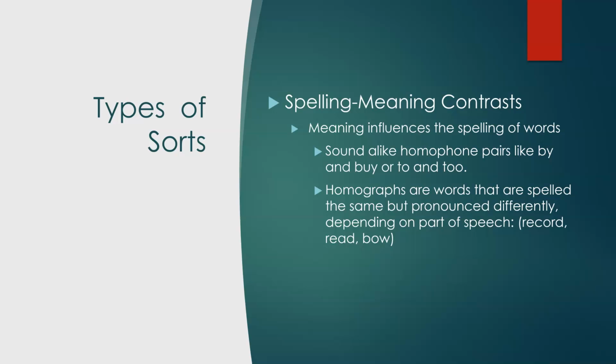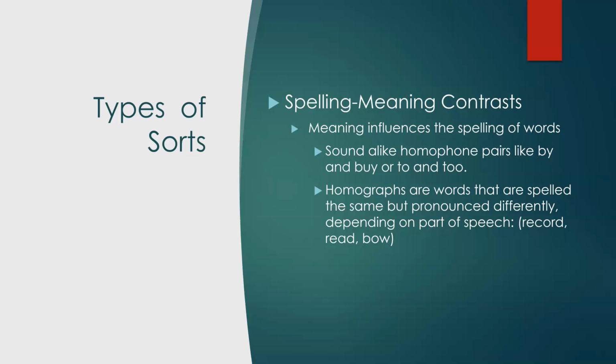Spelling meaning contrast. Meaning influences the spelling of words. So you have words that sound alike, a homophone. So you might do something like buy and by, or two and too. So this is where spelling and meaning contrast need to come together.